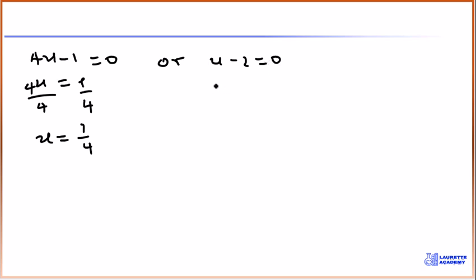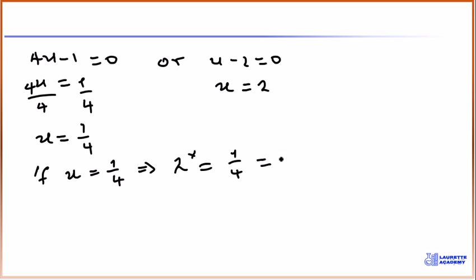We add 2 on both sides to have u equals 2. Again, we have the two values of u, but we initially set out to look for x. So we say if u equals 1/4, this implies that 2 to the power x is equal to 1/4.